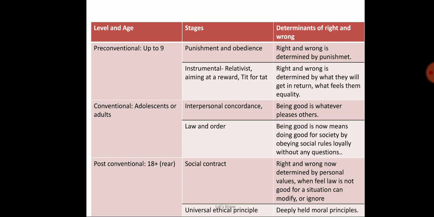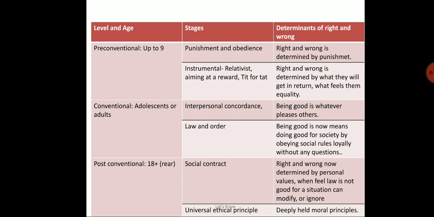Here you see the first stage is social contract. In determinants, it is written that right and wrong are now determined by personal values; when they feel a law is not good for that situation, they can modify or ignore it. With an example we can understand. Suppose we all know we should speak the truth. This is a rule.